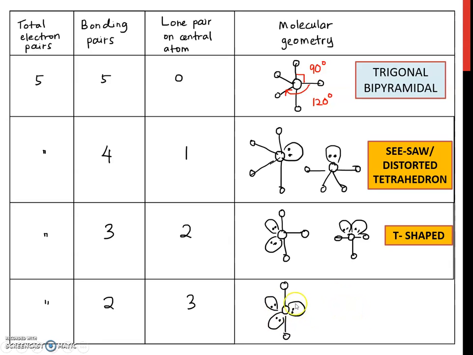So the geometry now changes to linear. And for the 5 electron pairs, there are 1 lone pair on the central atom, 2 lone pairs on the central atom, and 3 lone pairs on the central atom.